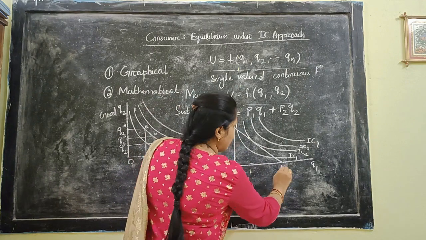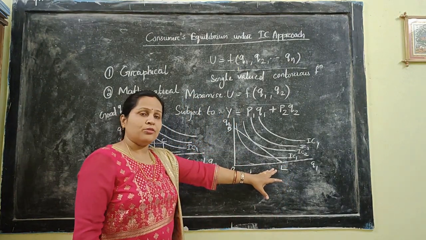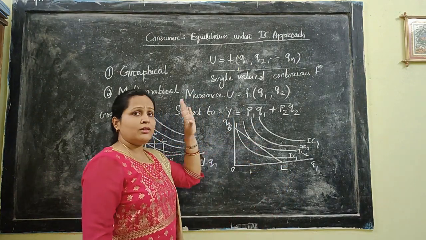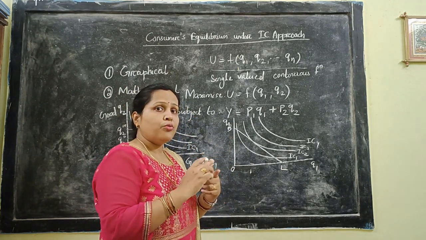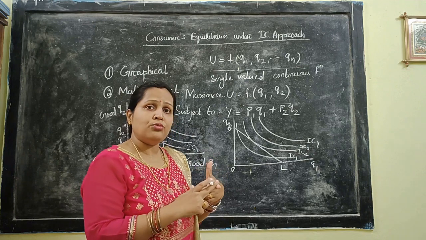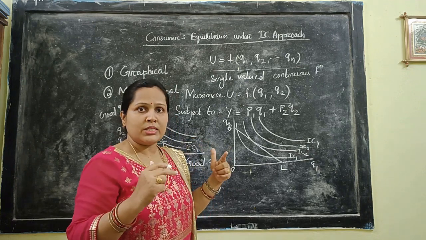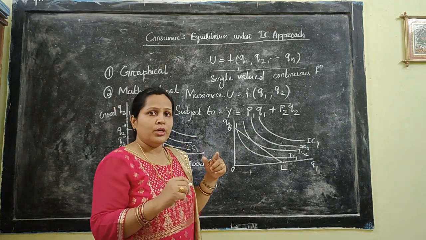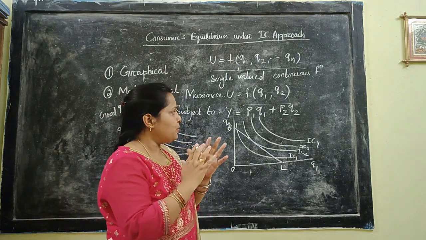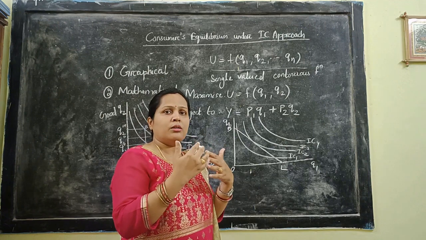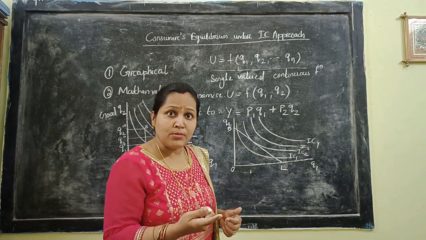Suppose this is BL, the budget line of the consumer. To find where the consumer attains the highest level of satisfaction, we have to match the budget line with the indifference curves. We have to see where they are equal, and which point gives maximum satisfaction.